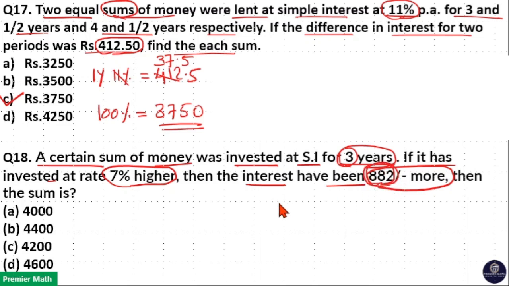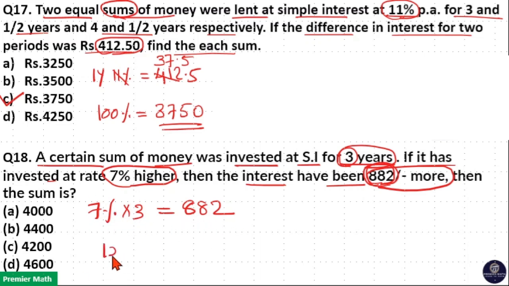That means for 1 year, 7% is the increment in rate. For 3 years, 7 into 3, 21% is the increment in rate. Because of this, interest increased by 882.